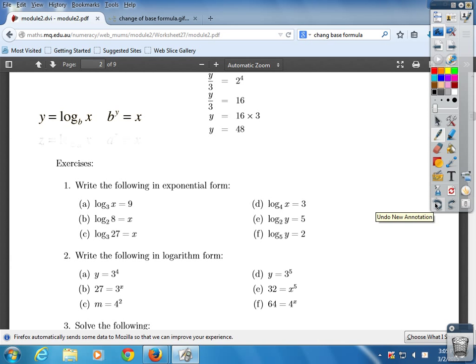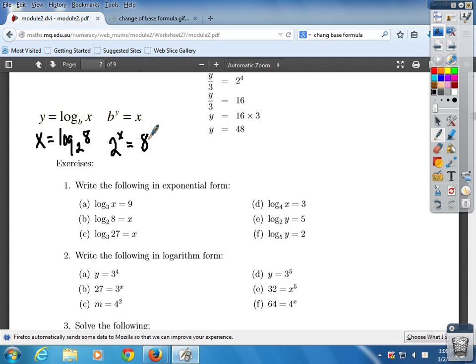So log base 2 of 8 is equal to x. So 2 is b. 2 to the x is equal to what?